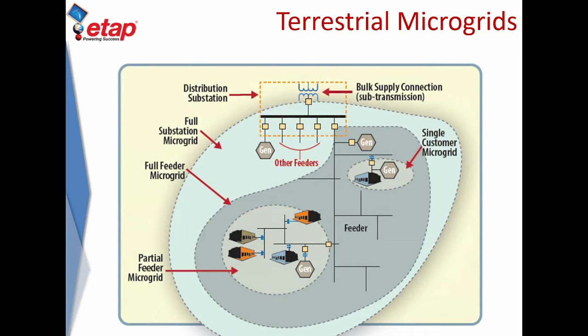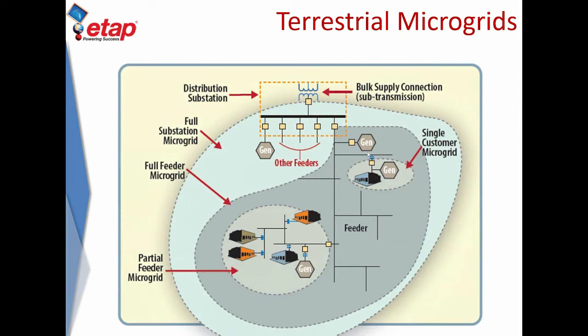Now, before we jump into the capabilities of the program related to generation optimization, let's quickly recap what we mean by microgrids. Different people in the industry have different definitions, obviously, of microgrids, but essentially you can consider a microgrid as any system that can operate when it's connected to the grid and or can operate in an islanded manner.